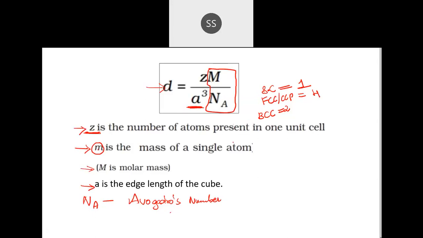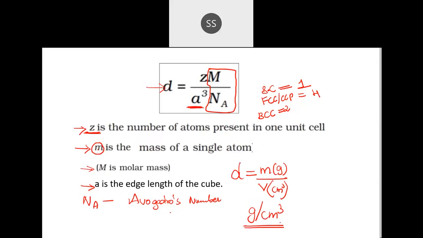And the unit, what you are going to write here: mass we are going to calculate in terms of gram, for density. Mass usually is calculated in terms of gram. And volume, we are calculating in terms of centimeter cube. So your final unit for this density should be gram per centimeter cube. This will be the unit.